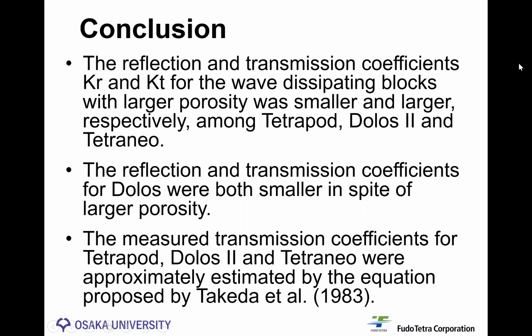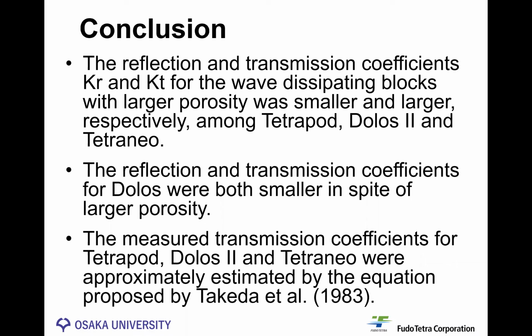Conclusion. The reflection and transmission coefficients Kr and Kt for the wave dissipating blocks with larger porosity were smaller and larger, respectively, among Tetrapod, Dolos 2, and Tetraneo.